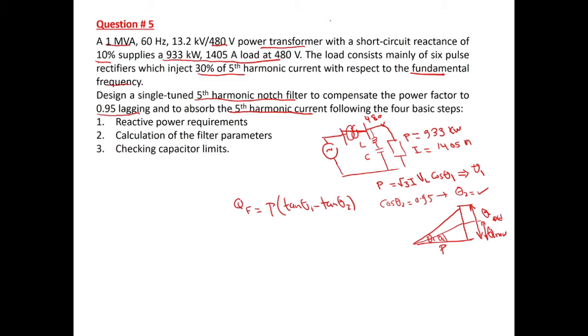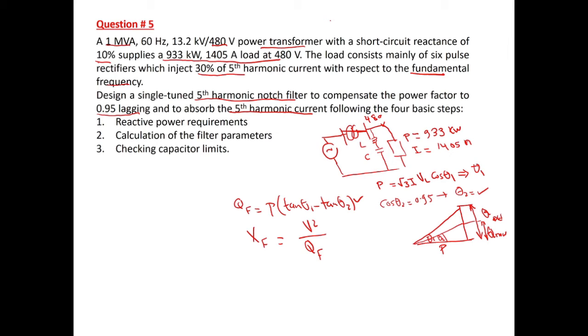And then of course, once we know QF, we can calculate the overall impedance for the filter. So once we have calculated this one, we can obtain XF for the filter, right? So XF for the filter will be equal to V squared divided by QF. And that will give us XF, and of course XF will be XL minus XC.